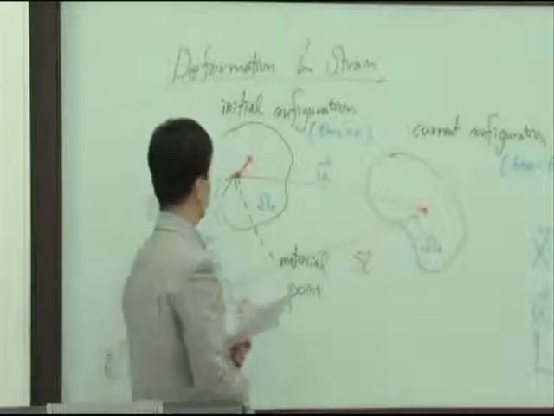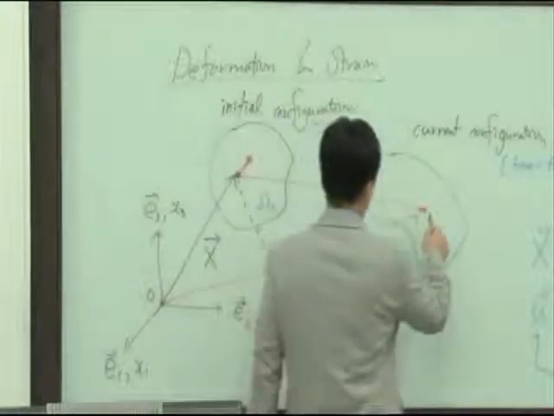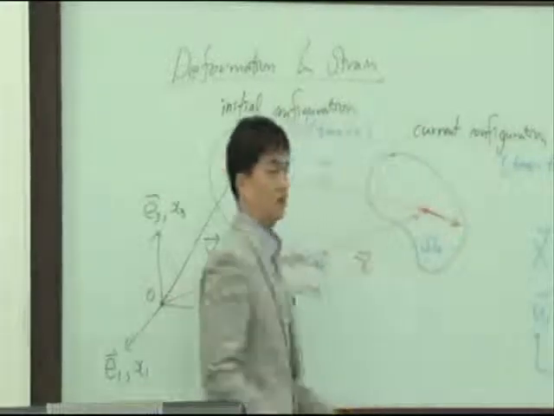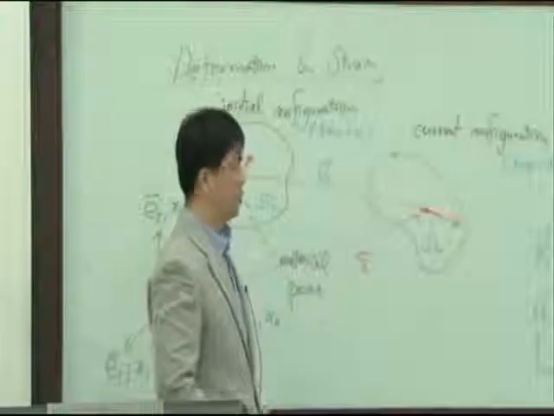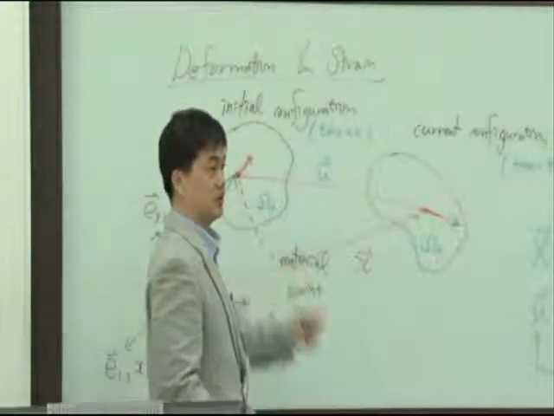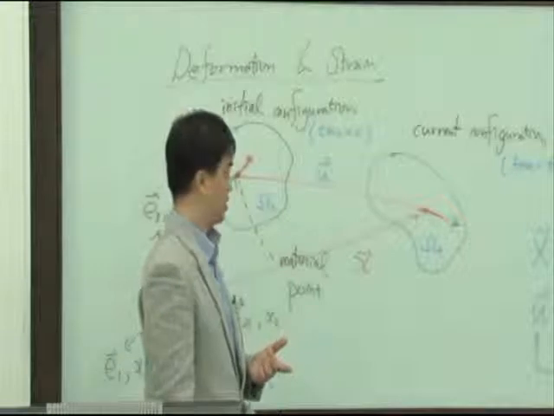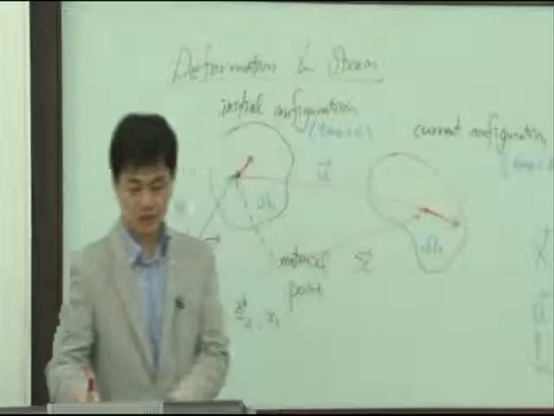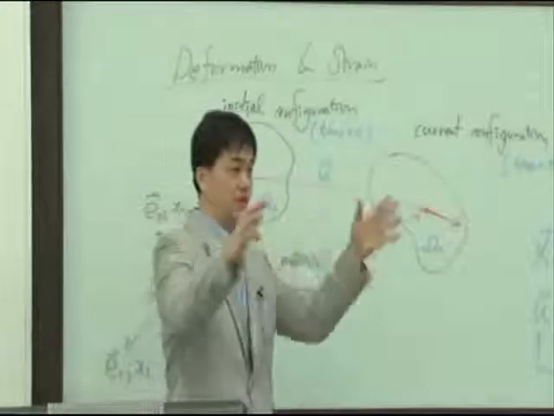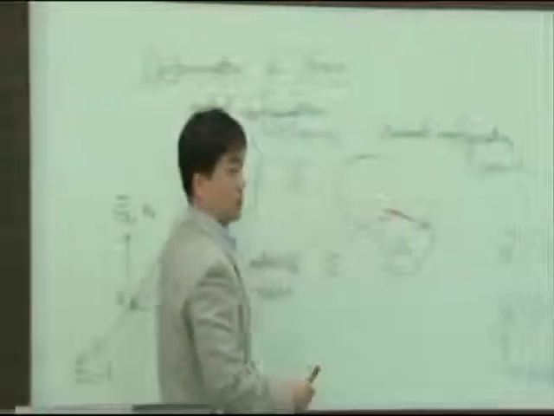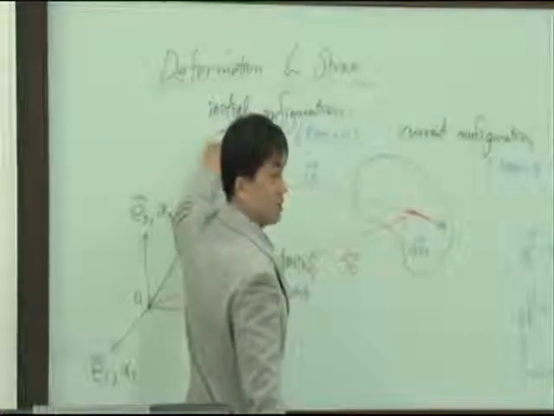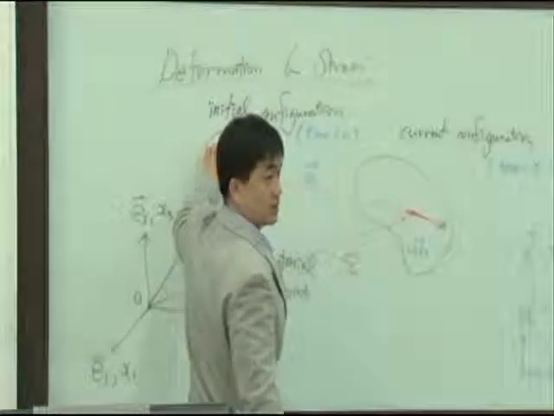And then this vector will also be changing, something like that. So, for example, imagine a rubber panel that is very easily expandable, and you put some Scotch tape on it.